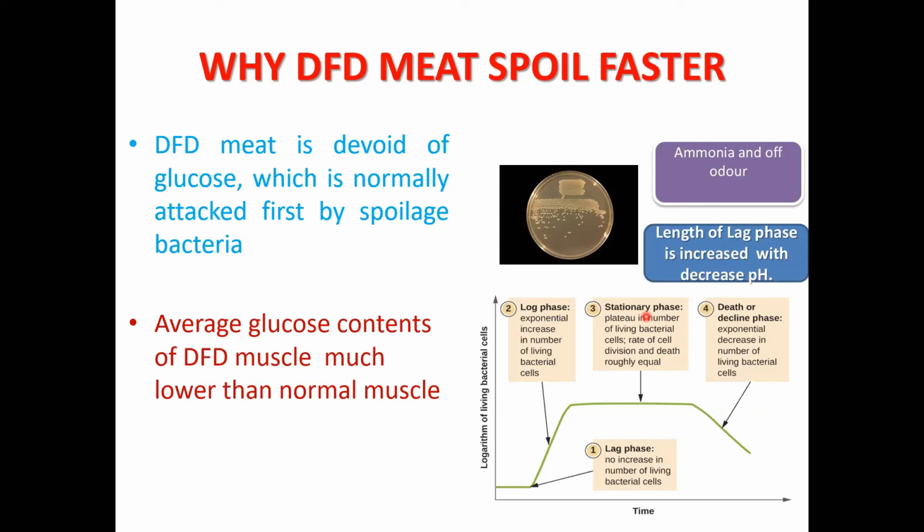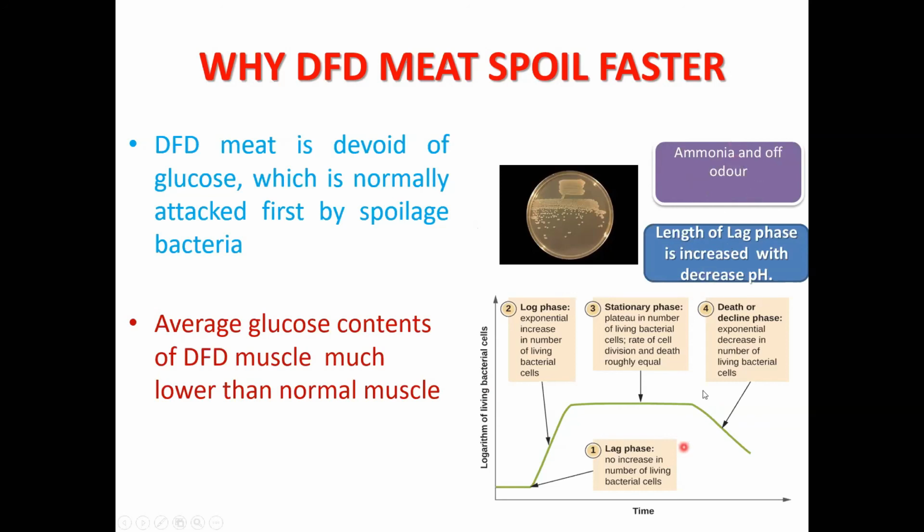If the carbohydrate source is not available as the energy source for them, then they will start attacking the amino acids of the protein. When they start attacking the amino acids of the protein, there will be formation of ammonia and off odors. So that will lead to the spoilage.